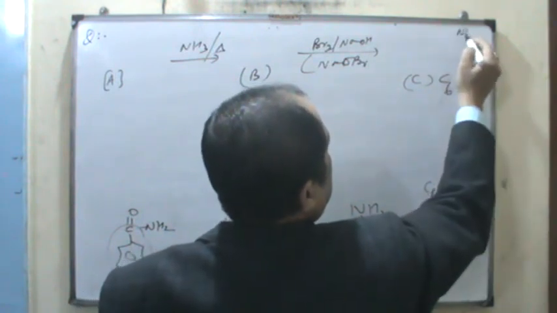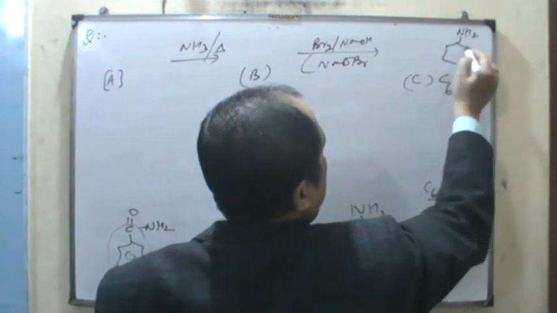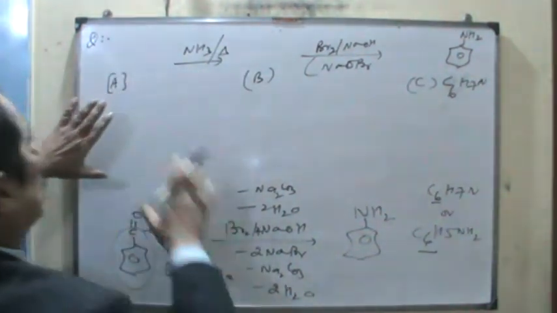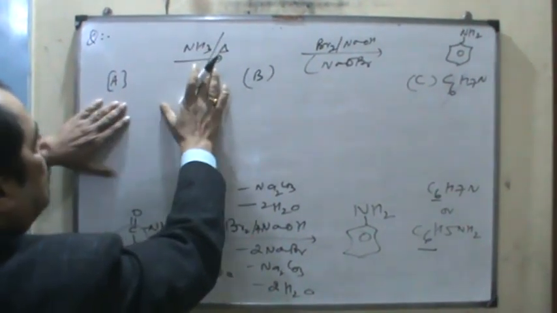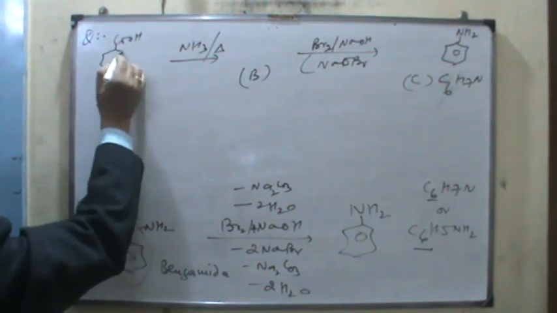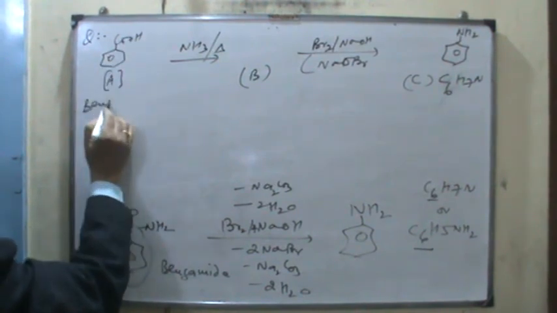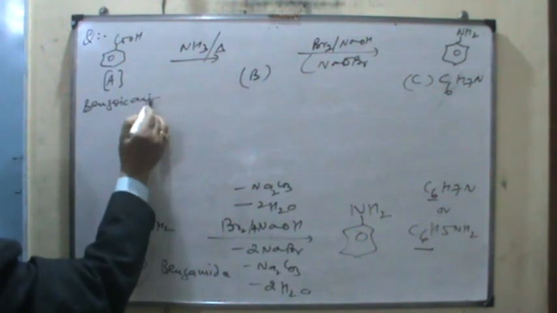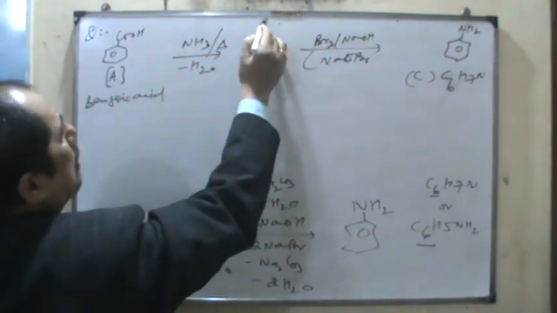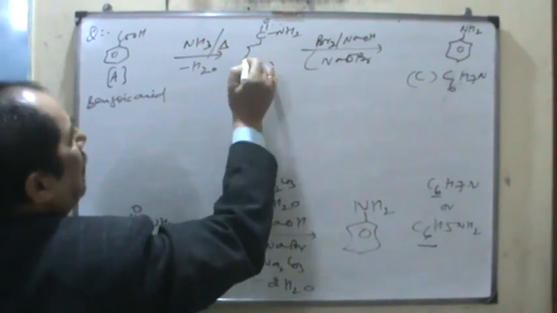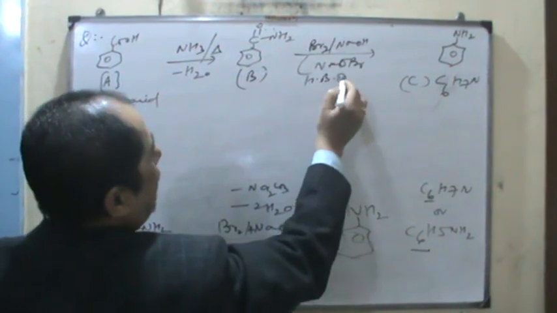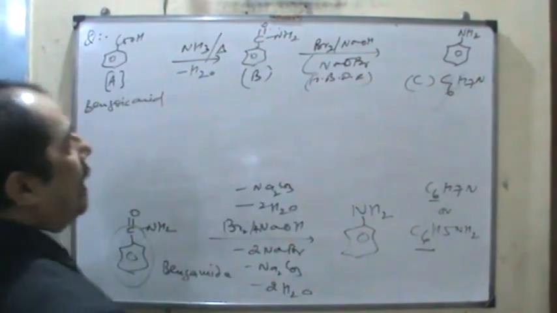So obviously it is the aniline, and aniline contains 6 carbons. So here the compound must be an acid because it is benzoic acid. Water is lost here. Very much benzamide is made to react with Hofmann's bromamide degradation reaction and aniline is formed.